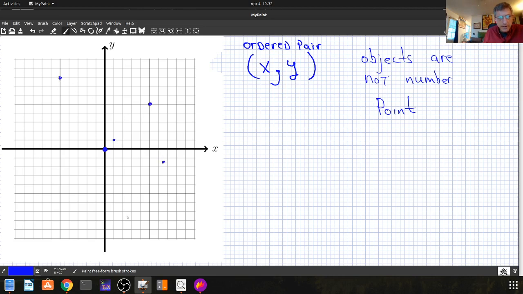Even right there, literally anywhere. But these are points. Now, of course, a point has an address. And that address is given as an ordered pair.